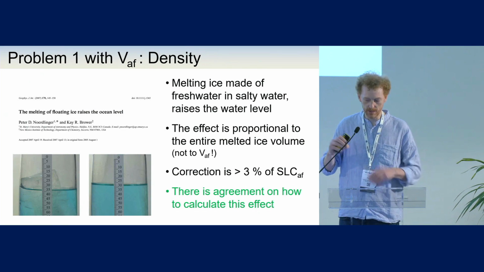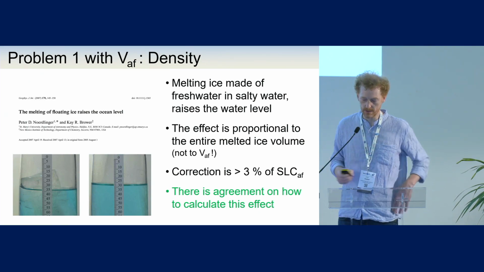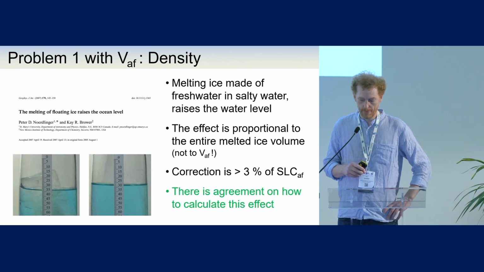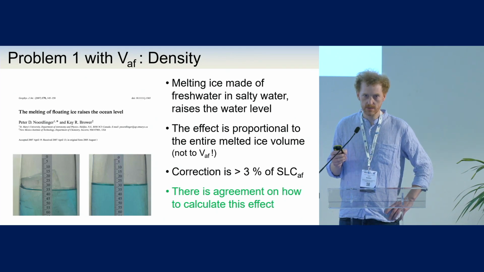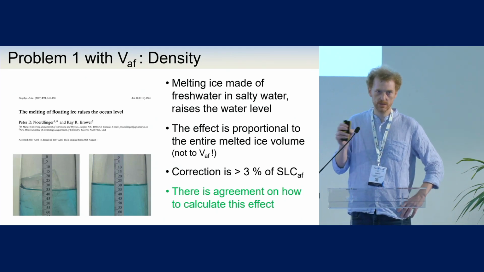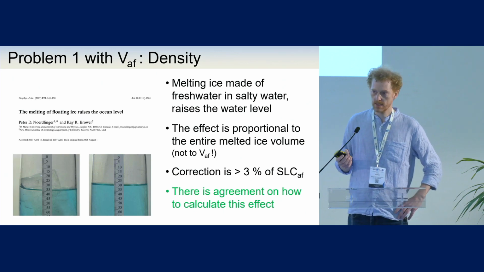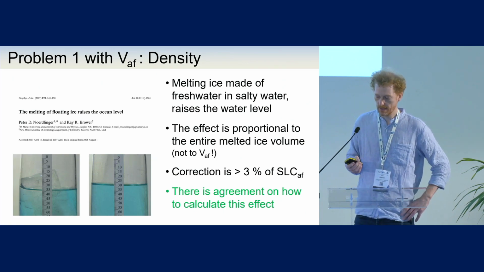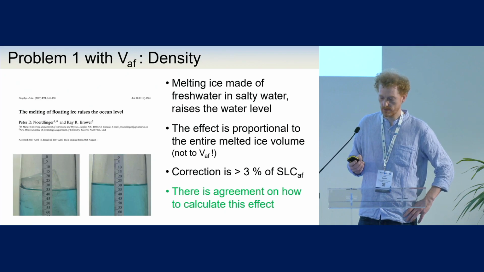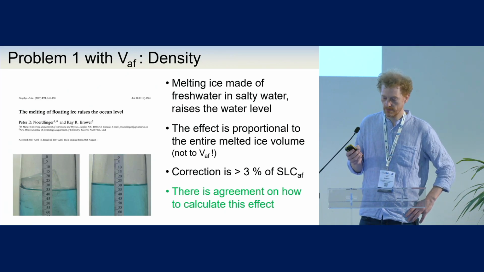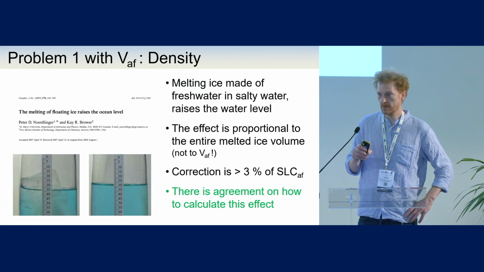Depending on the ratio of these, this percentage is different. The good news is that there's in principle agreement, at least between these two methods, about how this density correction has to be applied. In other words, when we have no bedrock changes, our two methods completely agree.